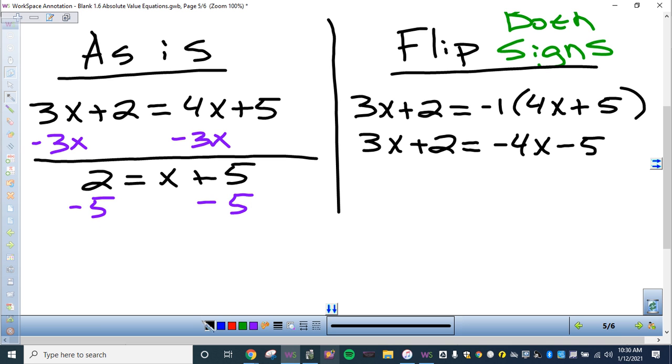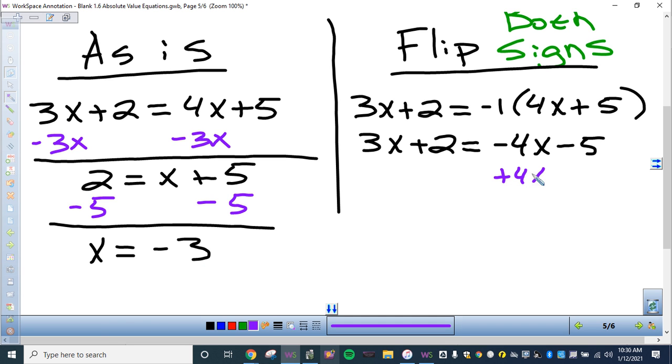So our first answer is x equals -3. Remember, I just kind of have that habit of writing the variable on the left. You don't have to, I just do. So again, getting rid of the smallest variable first, we're going to add 4x to both sides.